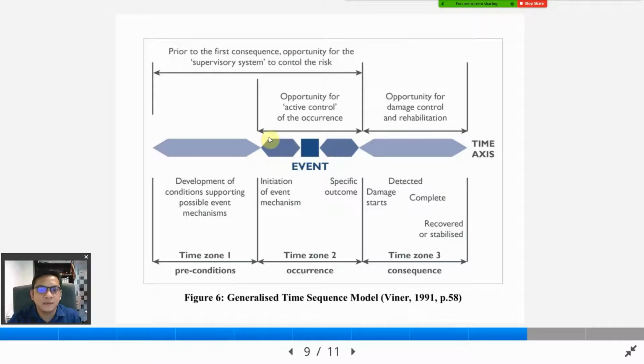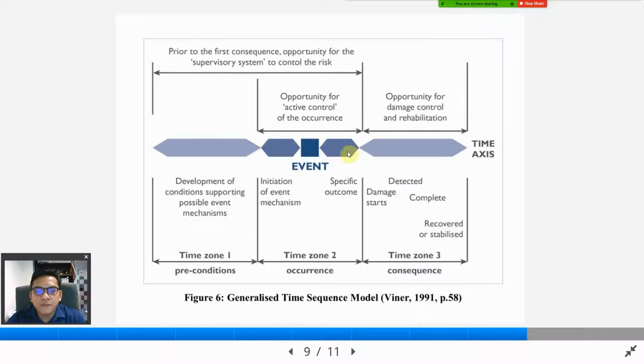So it's here. And if you ask why that happens, it's in here, the development. That is the basic causes, because there is poor maintenance, and so on. So it's a combination of everything from the basic causes to the lack of control, lumped into one time zone, the preconditions.